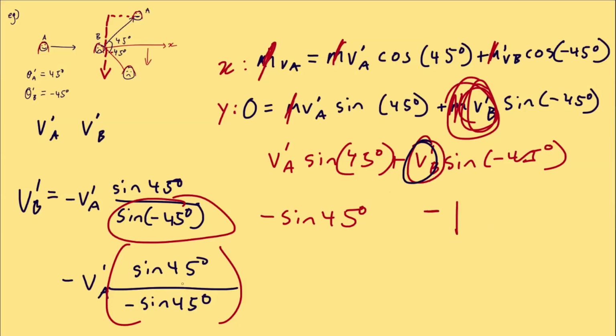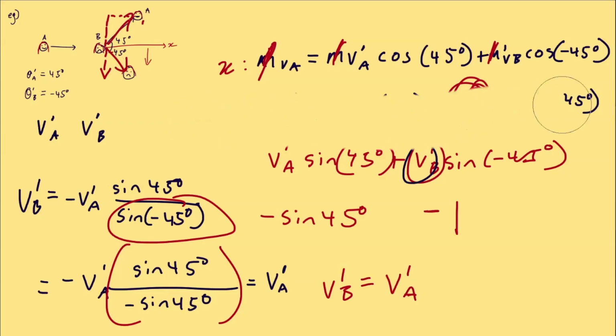Which means that our equation is negative VA times negative 1, which gives us positive VA. So that means velocity of B is equal to velocity of A after the collision. Which means that yes, their velocities are equal. Our hypothesis is correct. Okay, cool.